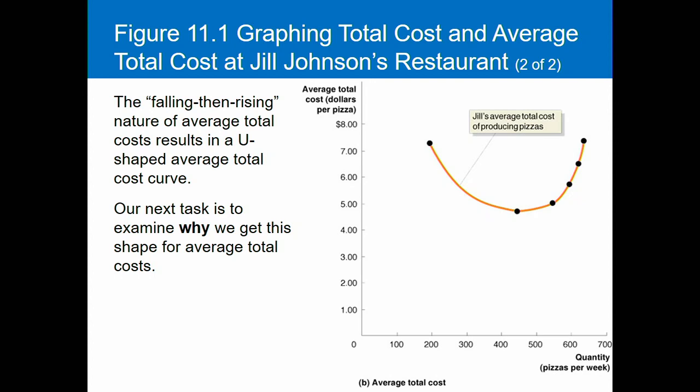That's going to drive your average cost up. But initially, going from 1 to 2 workers, because they're adding so many pizzas, in this case 250 pizzas, that's dropping the average total cost. So initially, we see it fall as the marginal product of labor increases, and then we see the average total cost rise as the marginal product of labor is decreasing.